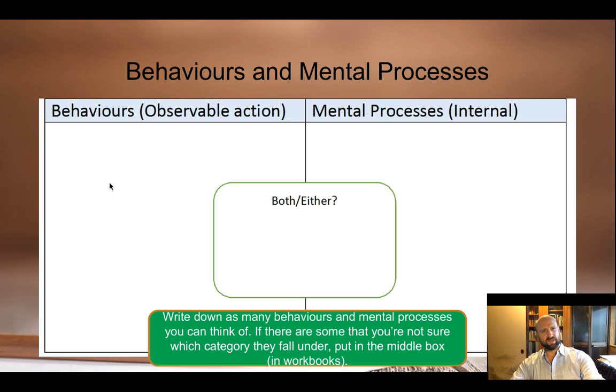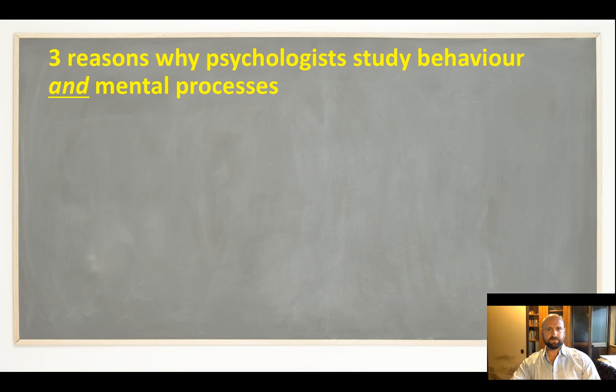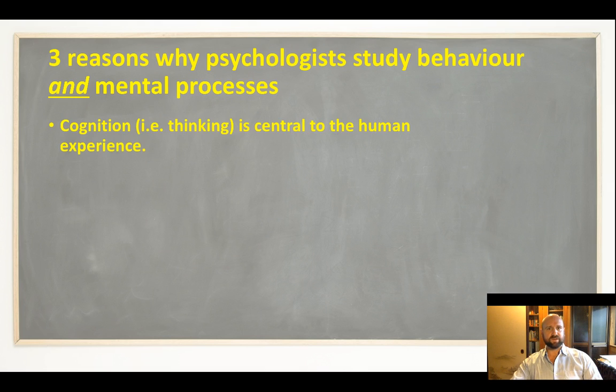And so they write down any observable actions that they know, that they've seen people do, or things they think psychologists might study. Same thing with mental processes. And if there are any that might be somewhere in the middle, like emotions or love, is that a behavior? Is that a cognitive process? That could be a bit tricky. Then I'll explain 3 reasons why psychologists study both. One is because cognition is central to the human experience.